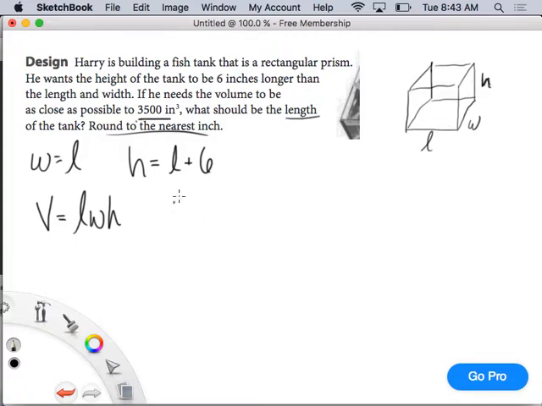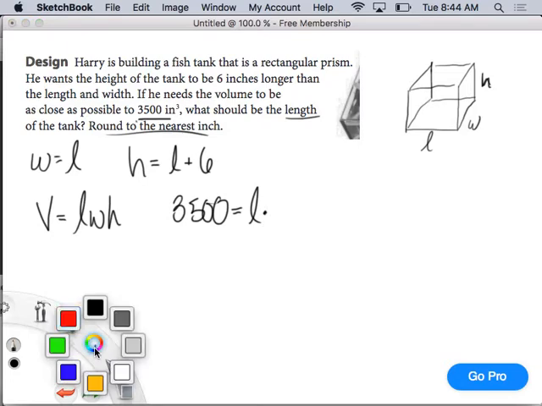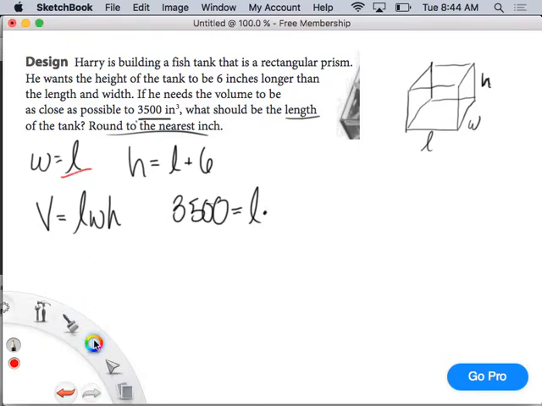Now, we know our volume should be about 3,500, and we know our length, we'll just say is equal to L. Our width is also equal to L, so we're just plugging those in. You see that? So our width is equal to L, and our height is equal to L plus 6. So instead of W, we'll put our L there. And instead of our height, here we put L plus 6.